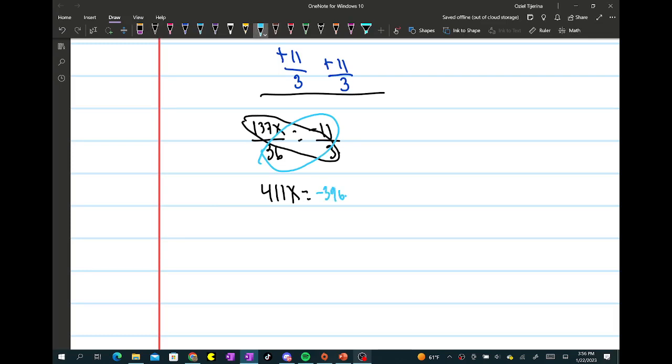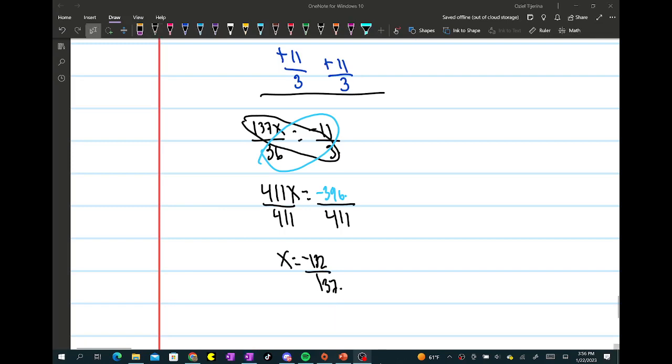And so finally, you're just going to go ahead and divide both sides by 411, and that will give you 132 over 137, right? I believe that's what the answer is.